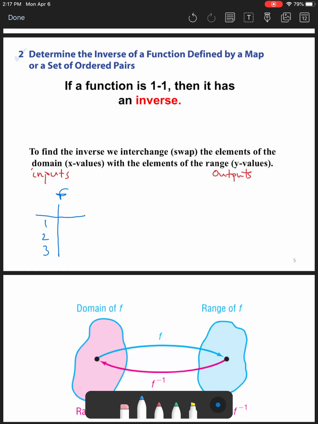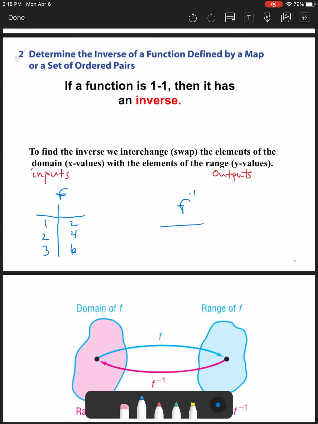And the outputs are 2, 4, 6 again. Now, since this is one-to-one, if we want to find the inverse function, the inverse is denoted by raising a -1 over your function name. Let's make it cleaner. We don't do no halfway work.